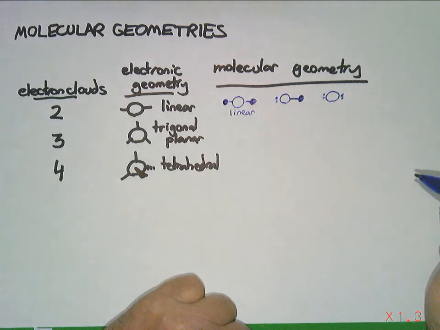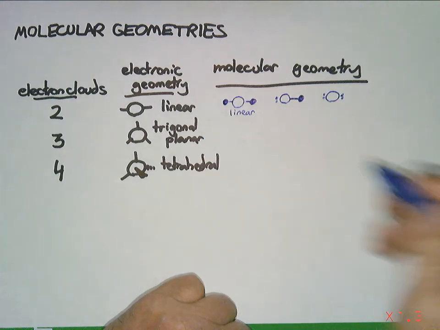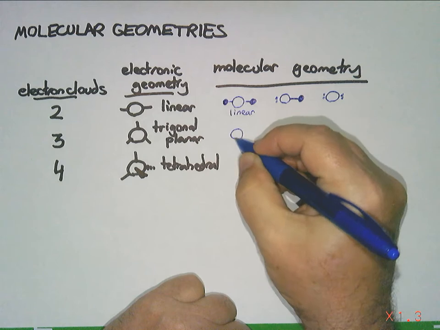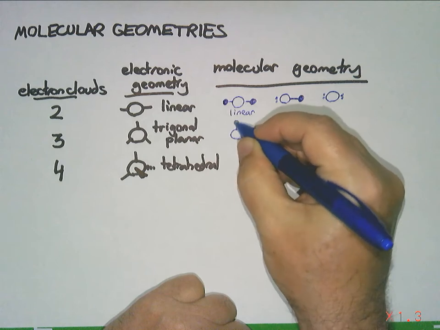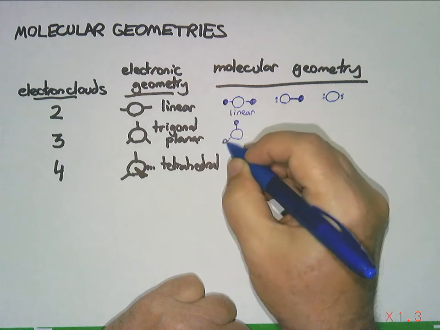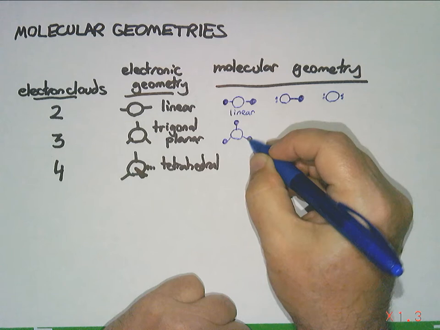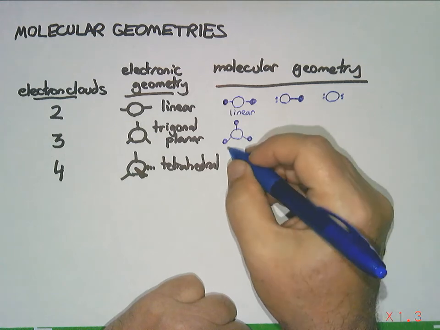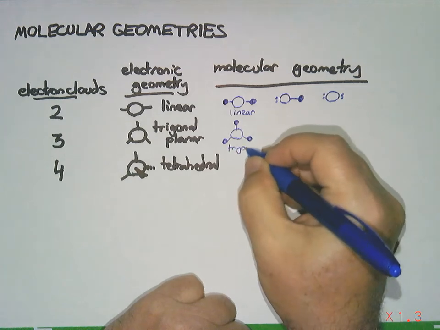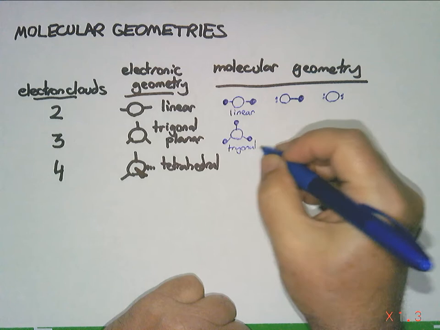And it would be the same thing for the trigonal planar. If you had a shape where you just put bonds on each end, this shape would still be called trigonal planar, same as the electronic geometry.